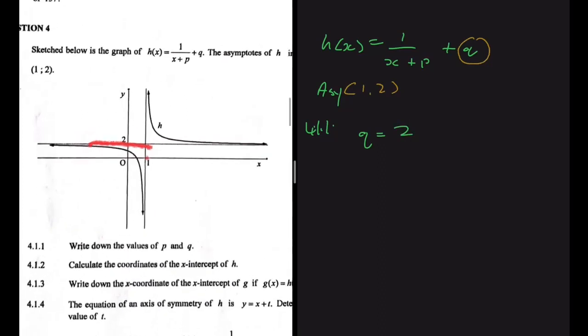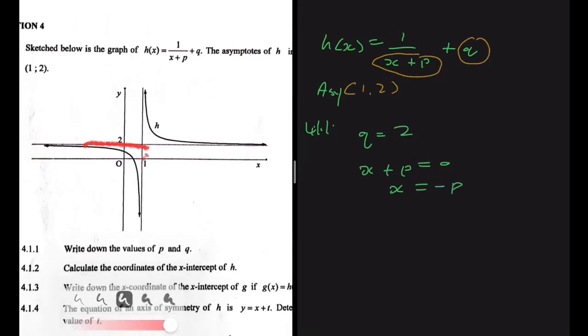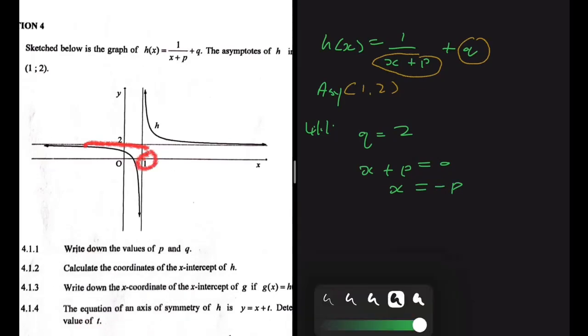If you look at this equation of the hyperbola, we have x plus p. So to find p, you say x plus p is equal to 0, so x is equal to minus p. From our graph, the value of x is 1, so minus p is equal to 1.